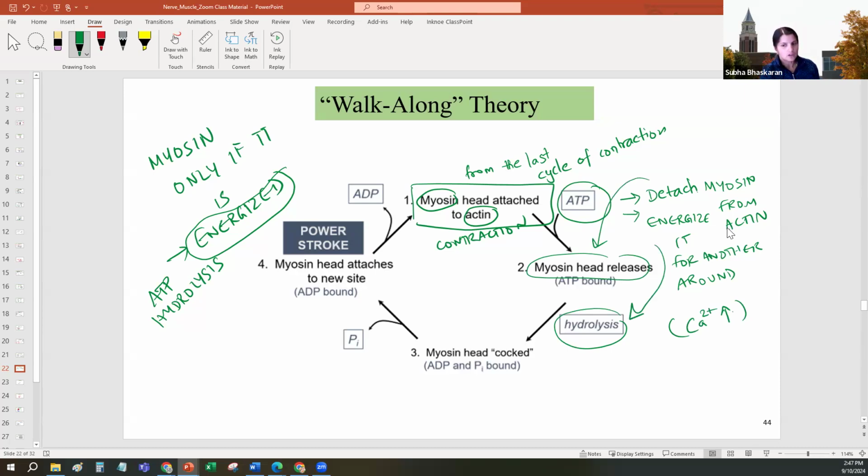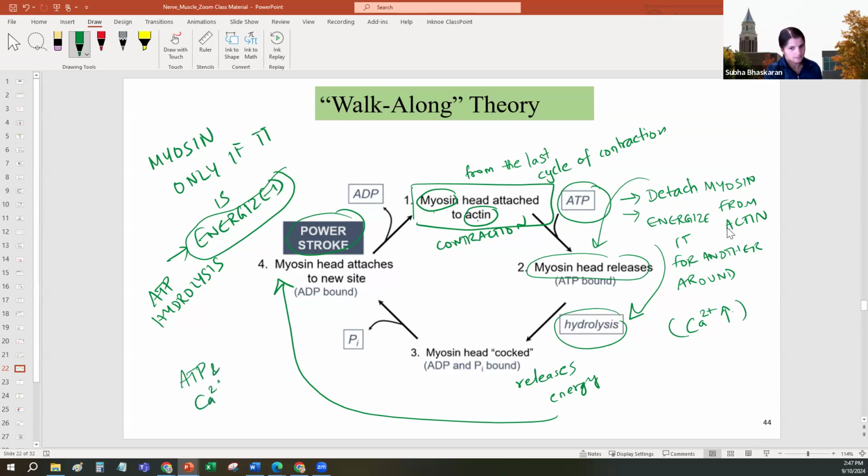And now the hydrolysis releases energy, and this energy will cause what we call a power stroke. Power stroke means myosin binding to actin. Okay, it's a very simple process. You just have to make sure that you have these requirements, ATP and calcium.